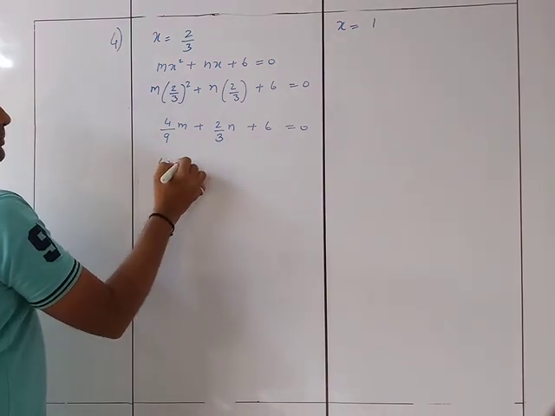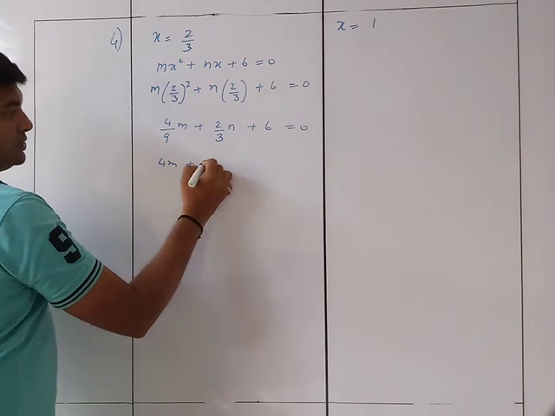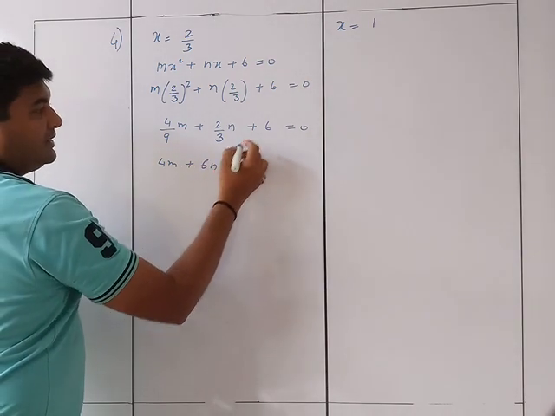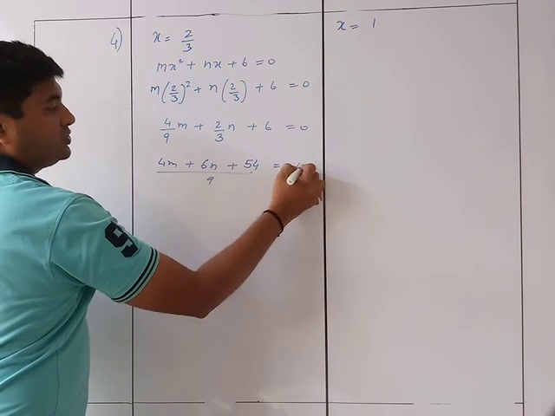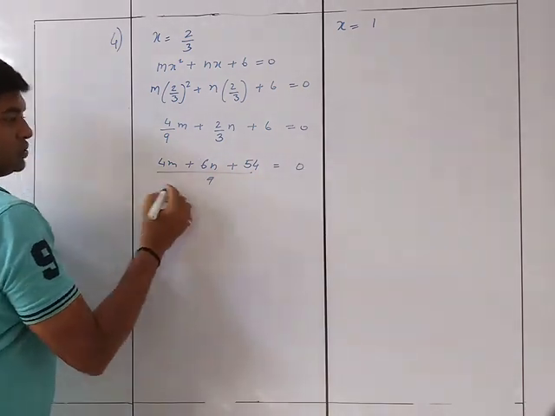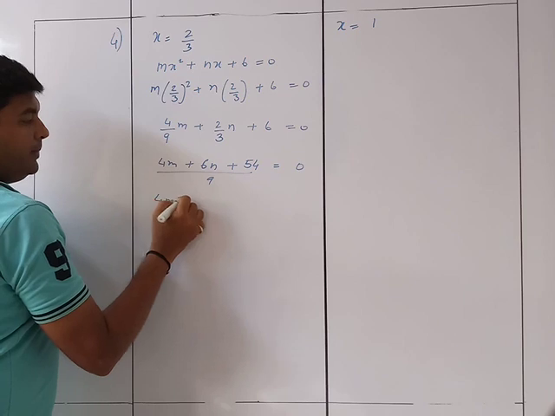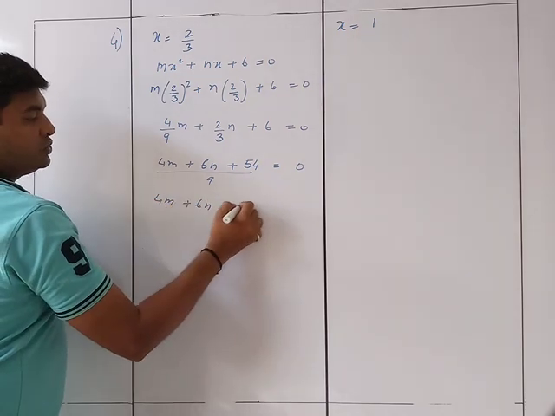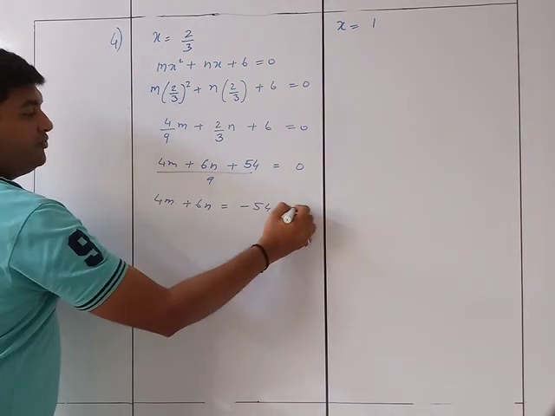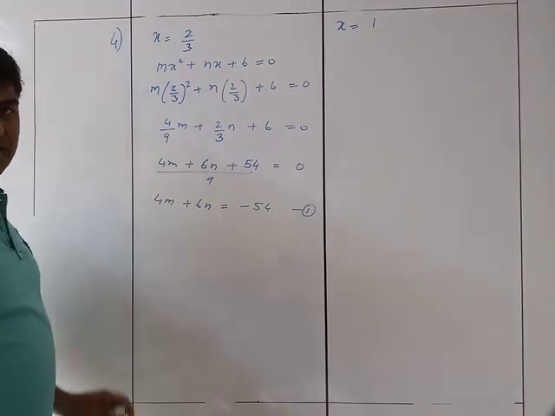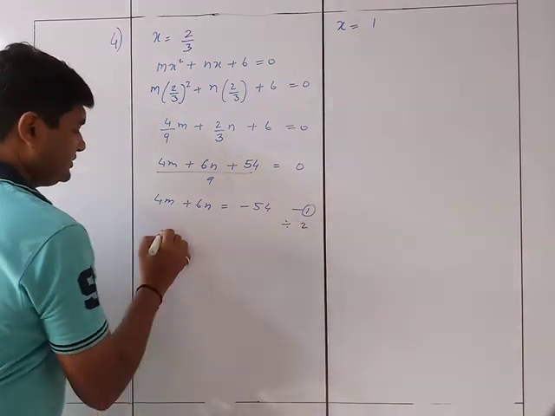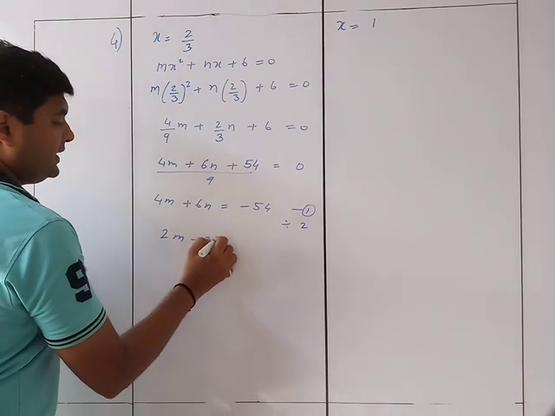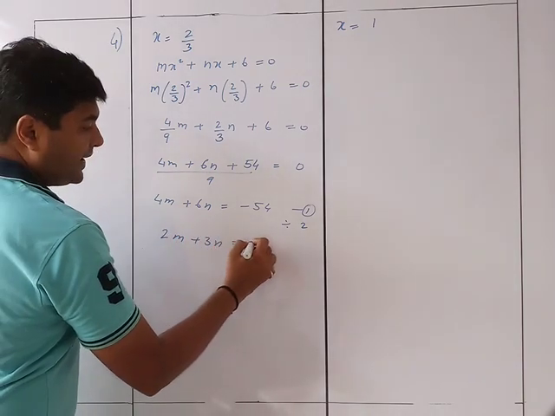So 4m plus 6n plus 54 over 9 is equal to 0. 9 goes here, becomes 0. So the final thing will be 4m plus 6n is equal to minus 54, my first simultaneous equation. I can always divide it by 2 which gives me 2m plus 3n is equal to minus 27.